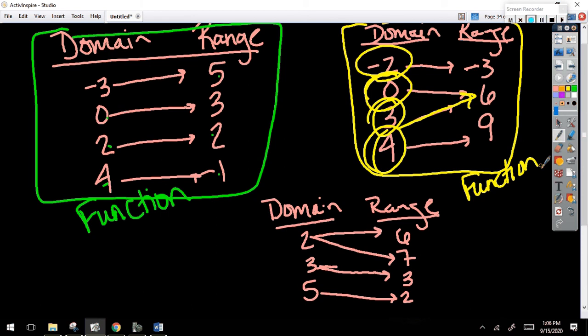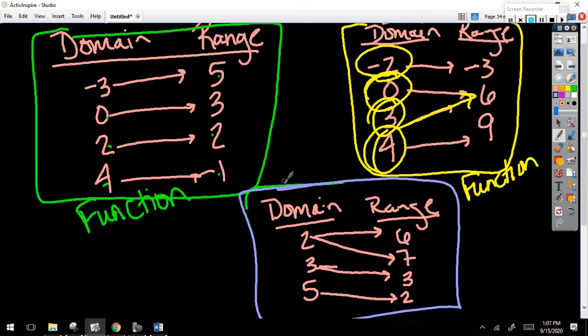If one X has more than one Y, it's not a function. Look at this bottom one. You know I was going to give you one that's not. Well, look at this one.